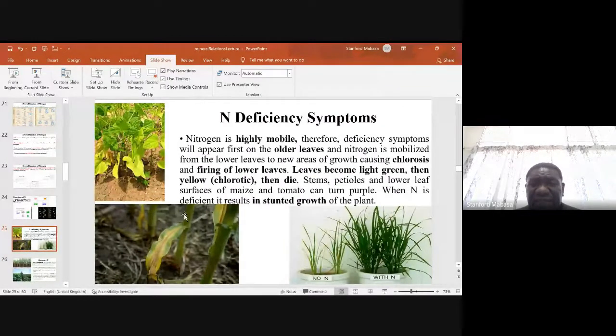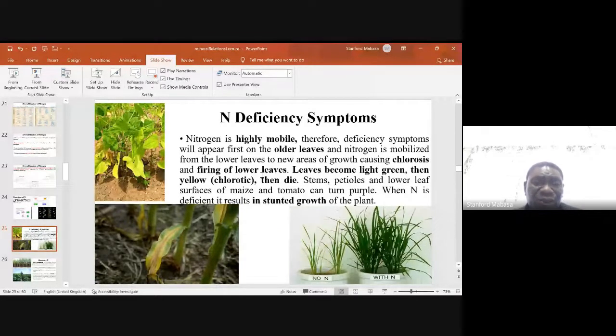Now, nitrogen deficiency symptoms. Normally, plants turn yellow. This is a highly mobile nutrient, and older leaves usually display the symptoms of yellow color. This is caused by chlorosis and the firing of lower leaves.